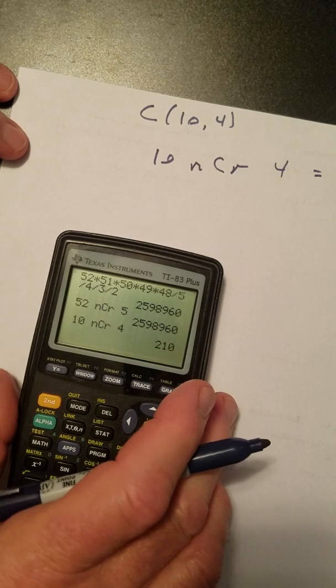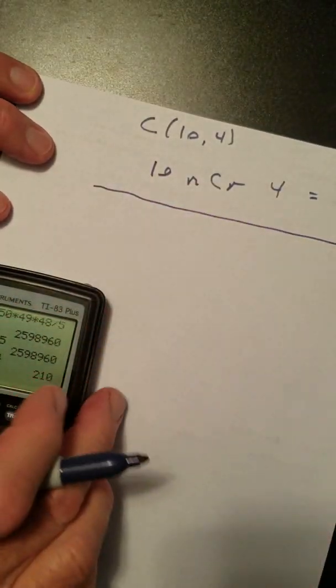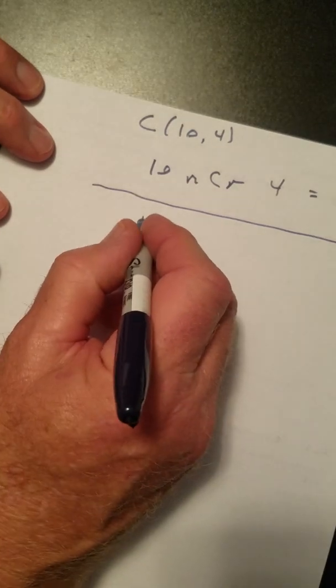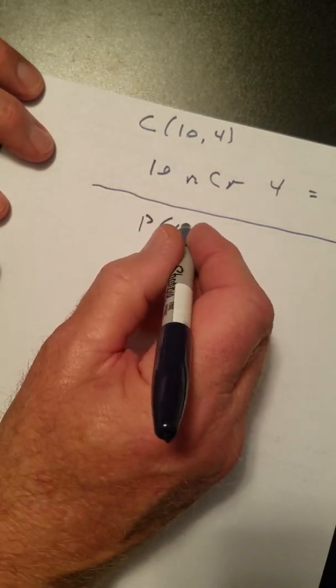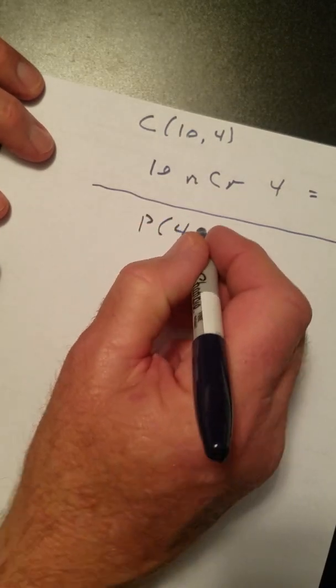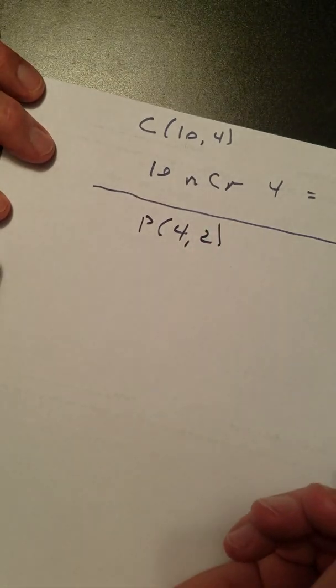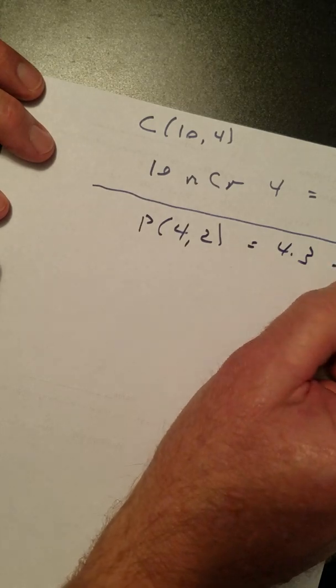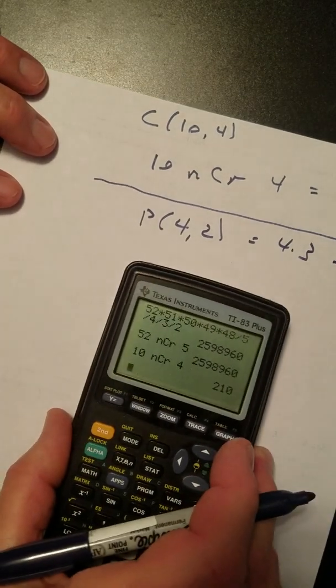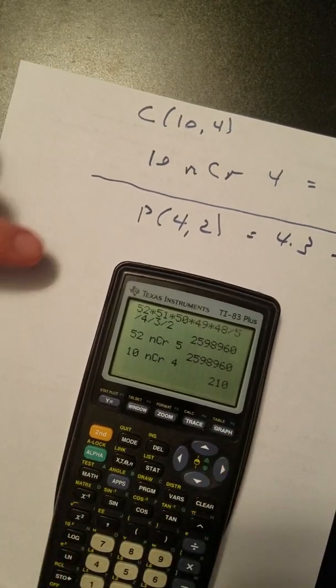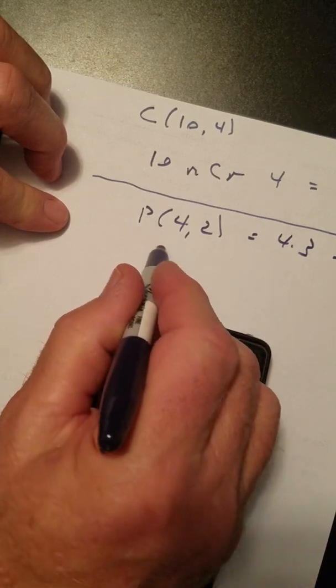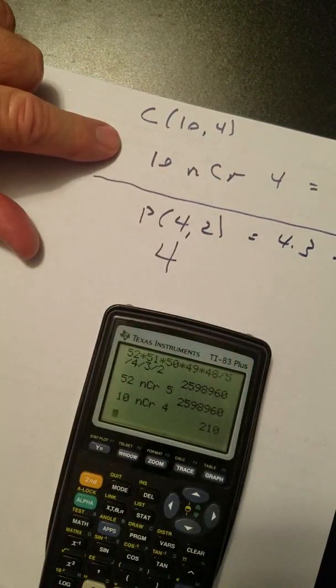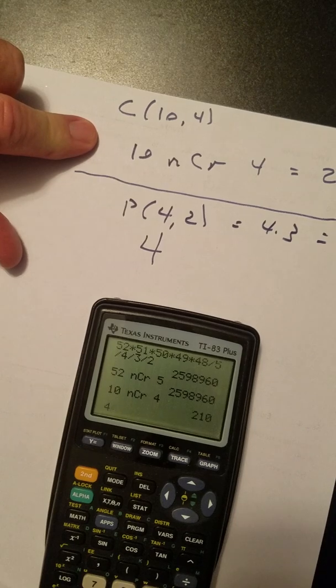Cool. Let's go back. Let's say we wanted to do permutations. Let's say I had permutations of 4 picking 2. Now we can do that in our head. That's 4 times 3, and that's 12. But let's say I wanted to do it on the calculator. So I'm going to put the 4 in first, just like I did up here, even though it's a permutation.